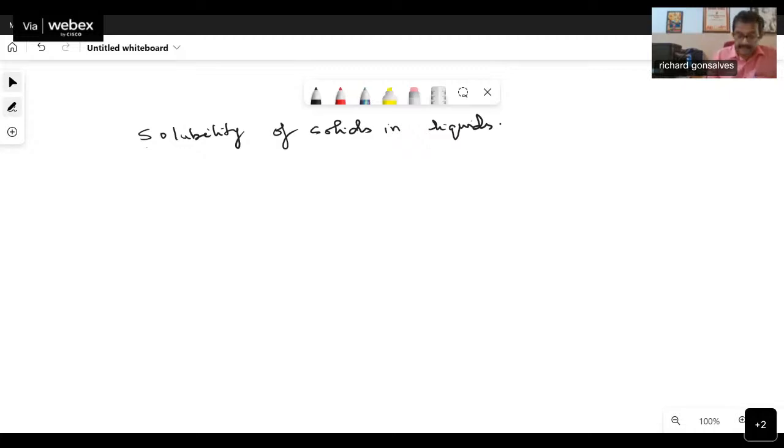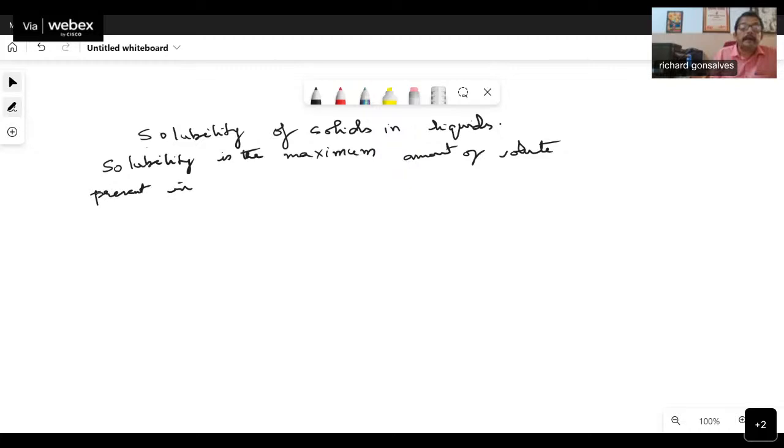Therefore, what is the meaning of solubility? Solubility is the maximum amount of solute present in a given volume of solution at a given temperature.